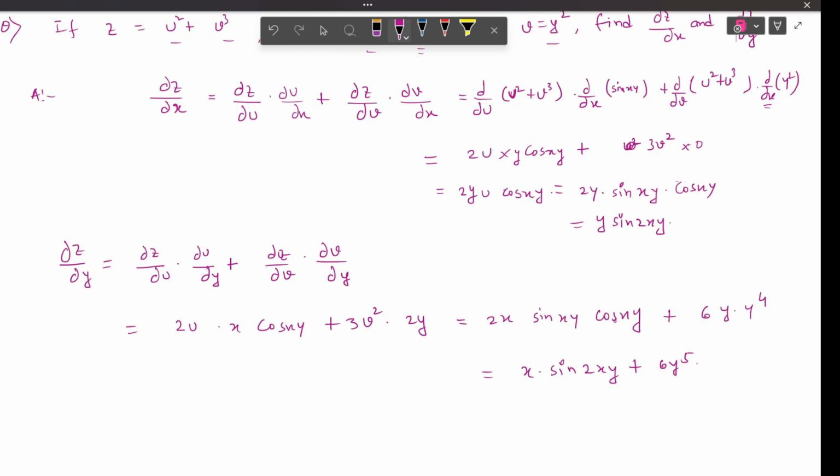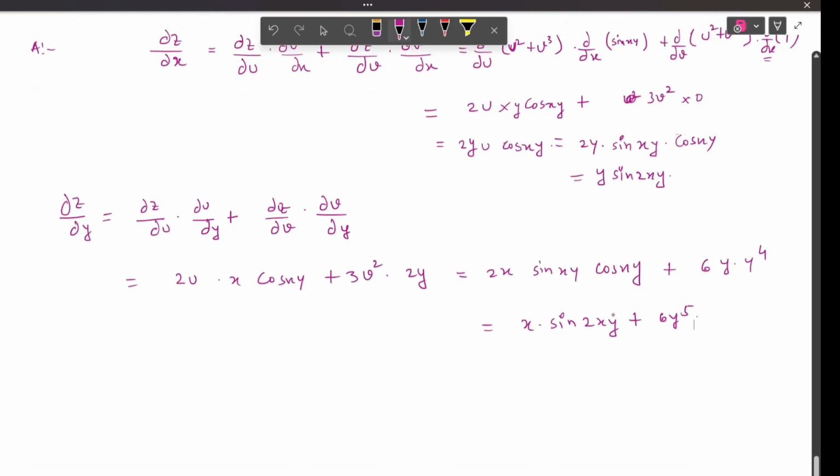Now what if there are 3 or more variables? How do we apply the chain rule for 3 or more variables? So let us see this part.